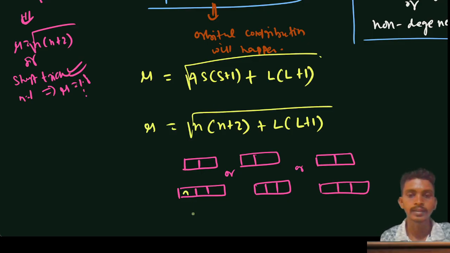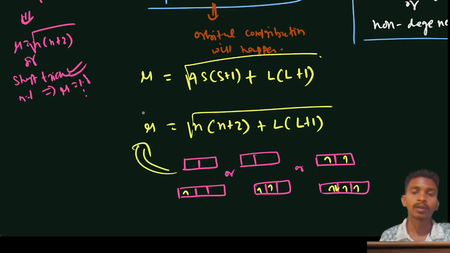Any conditions like this, or this, or this, we will use. For this case we will calculate the magnetic moment using this formula.